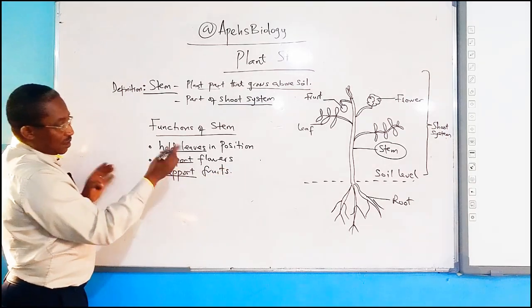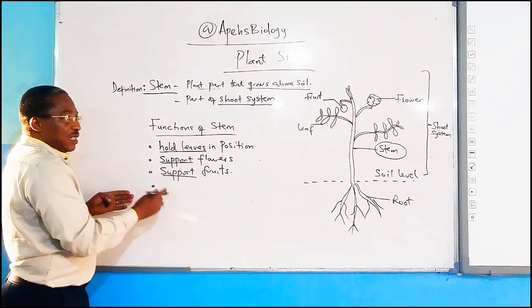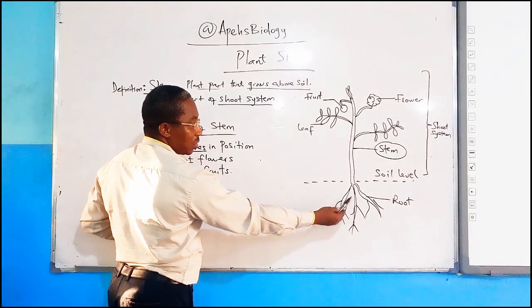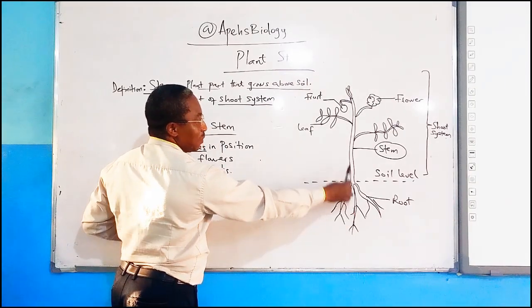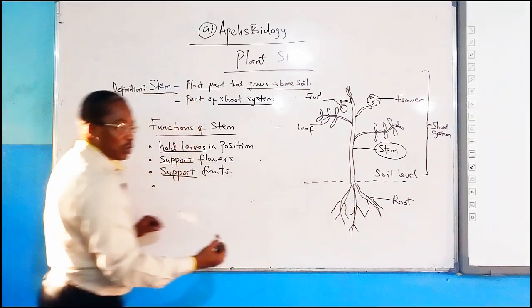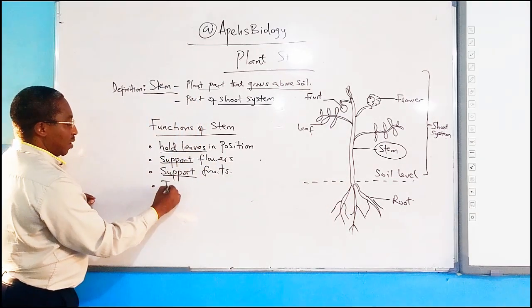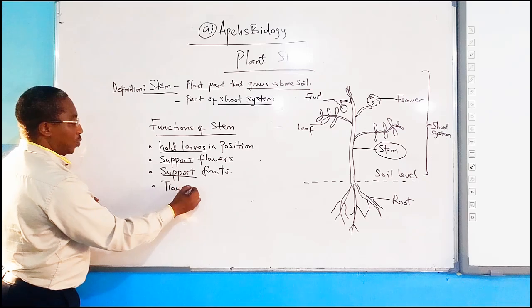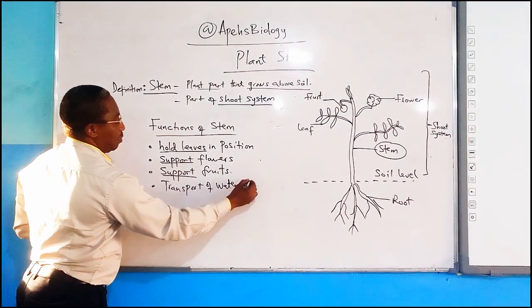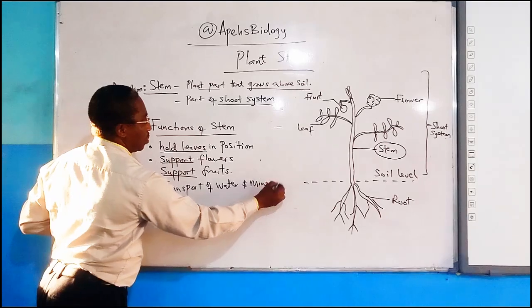And then when you look at the stem again, from the soil here, the root absorbs water and mineral salts. And then inside this stem, there are tissues called vascular tissues that transport water and mineral salts. So another function of the stem is transport of water and mineral salts.